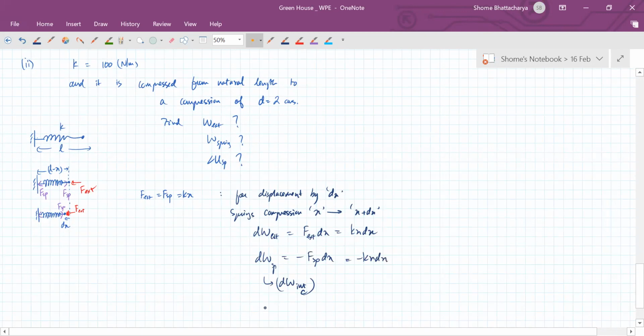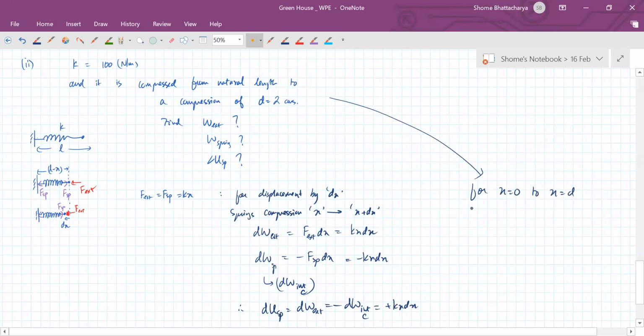And therefore the change in potential energy is equal to the work done by external agent, which is the work done against the internal conservative force, and that is positive. Okay, so now for this total change, for x equal to 0 to x equal to d, that will be this much.